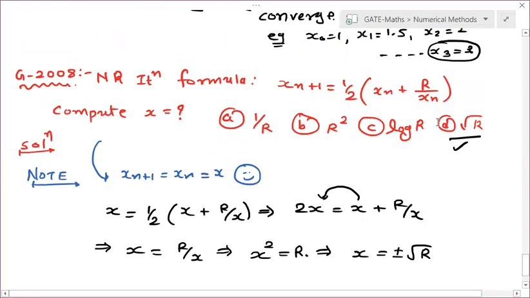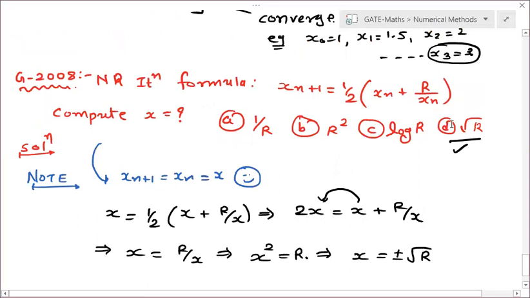So this is your third model. I will summarize all these three models after seeing each one of them. Today our target is we are finishing this Newton-Raphson, then regula falsi, then the secant method.